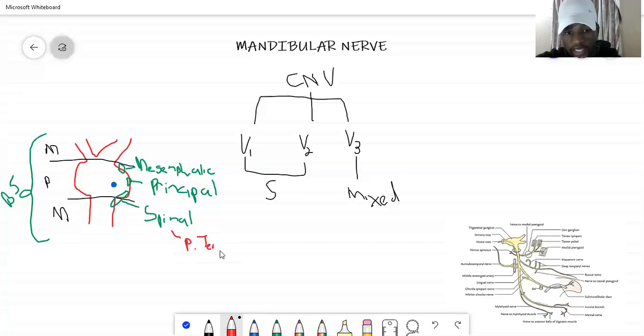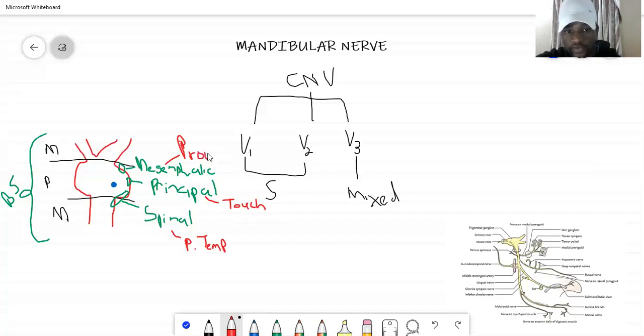So it's pain and temperature, right? That's your spinal trigeminal. And then your principal is anything that has to do mainly with touch, right? So if it has to do with touch, that is your principal sensory in action. And then lastly, your mesencephalic, anything that has to do with proprioception. You still remember what proprioception is, right? So it's proprioception.